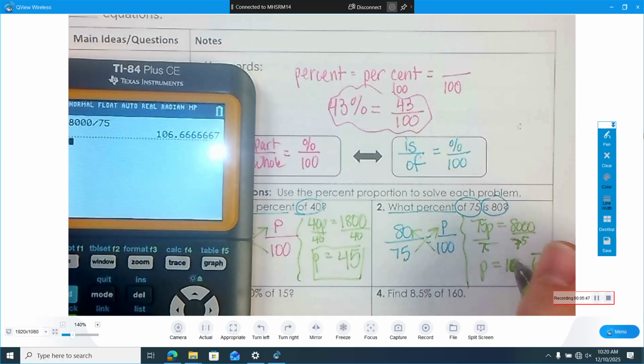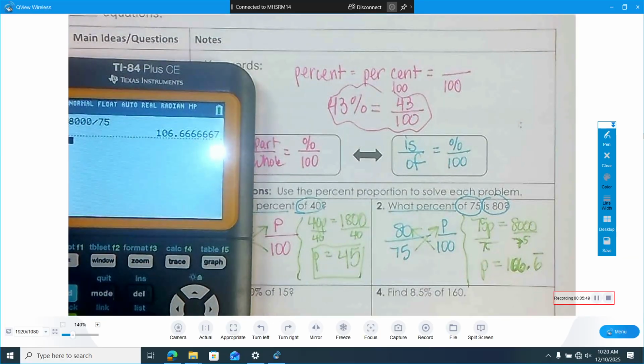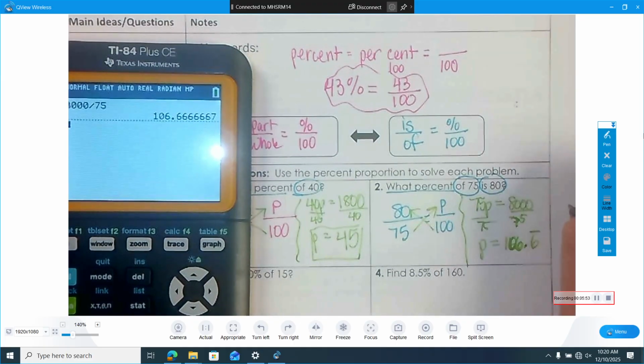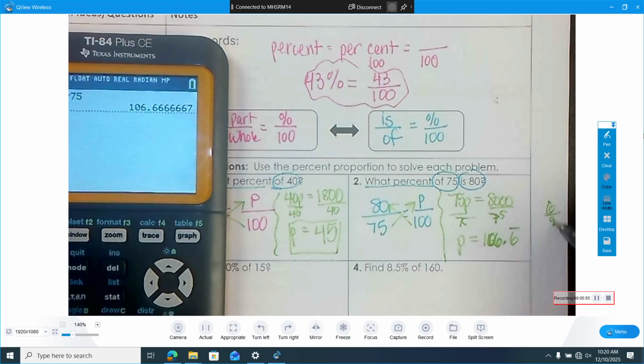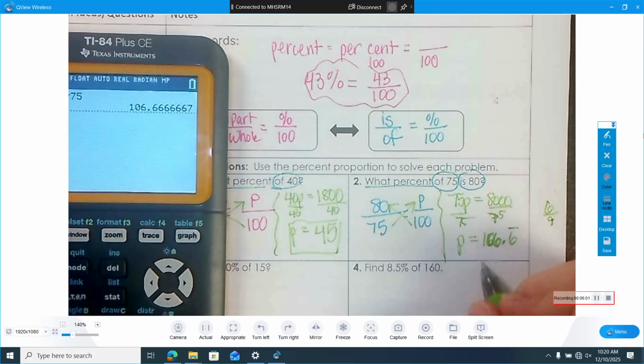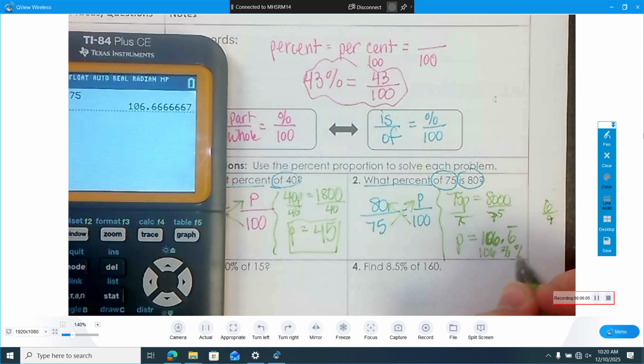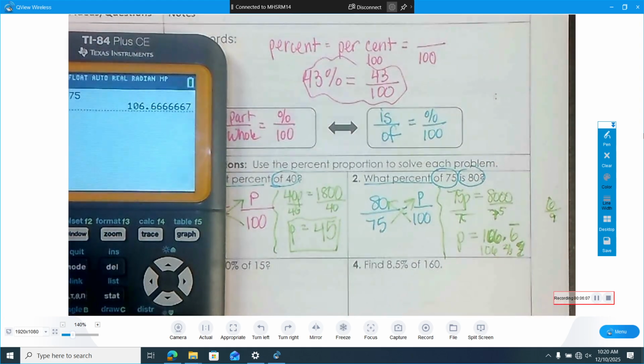What fraction is 0.6 repeating? It has a 9, so it is like 6 over 9. Anytime you repeat, it is over 9. So you're right. What is 6 over 9 reduced? 2/3. So this is 106 and 2/3% for P. 106 and 2/3. But either answer works.